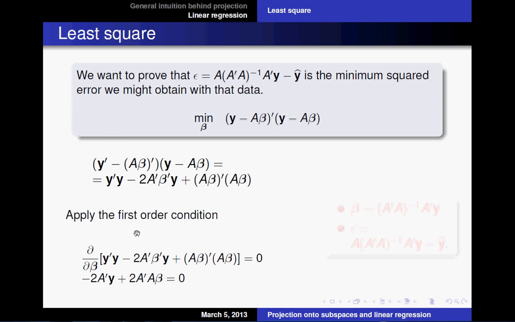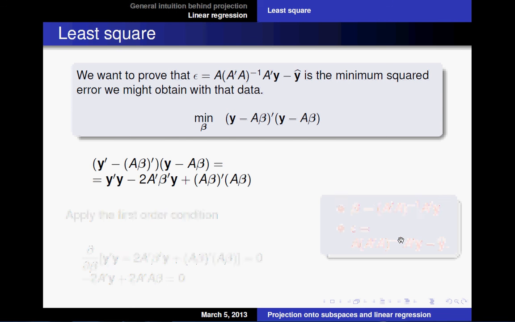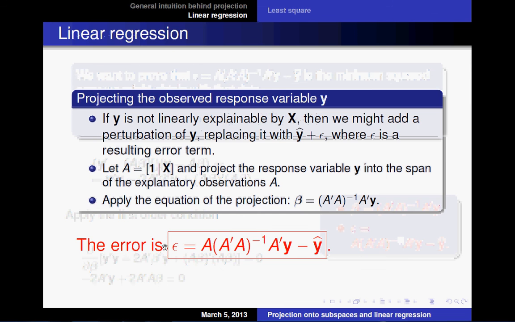Applying the first order conditions, deriving with respect to beta and setting equal to 0, we obtain this equation, and beta will be equal to (A transpose A) inverse A transpose y, and the error term will be this one. You can check that this is exactly the same.